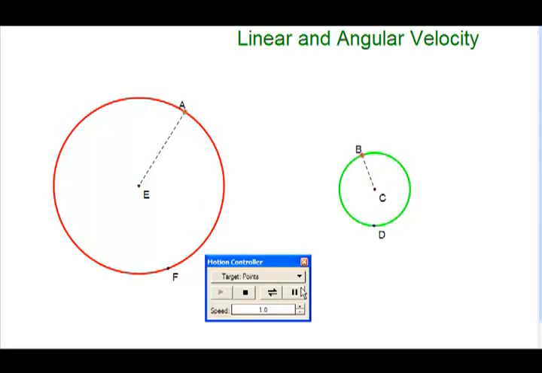But what we can see now is that point B seems to be going through more degrees per second than point A. In fact, we can say that point B is going to complete more revolutions around its circle than point A will in the same amount of time. The angular velocities are very different now for these two circles, whereas the linear velocity, as we can see, is still the same for both.